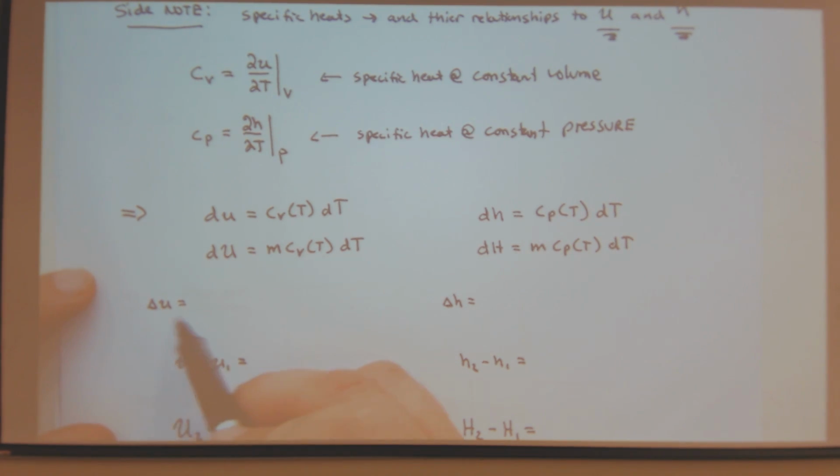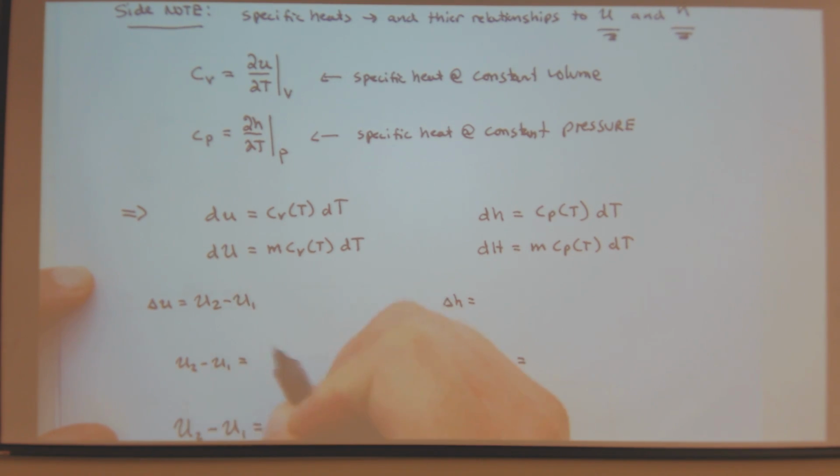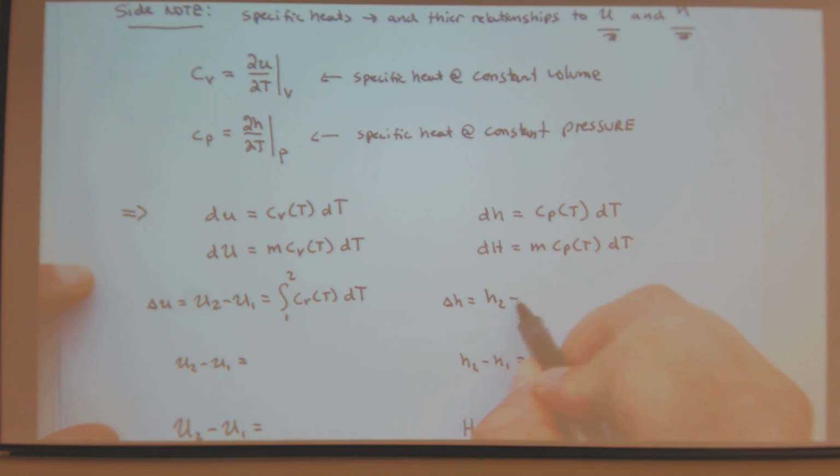So I can do delta U, U2 minus U1, equals the integral of CV at T dT from state 1 to state 2, or from temperature 1 to temperature 2. Likewise, H2 minus H1 equals the integral from state 1 to state 2, or temperature 1 to temperature 2, at constant pressure.